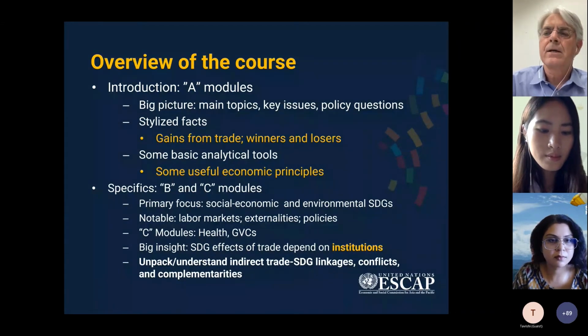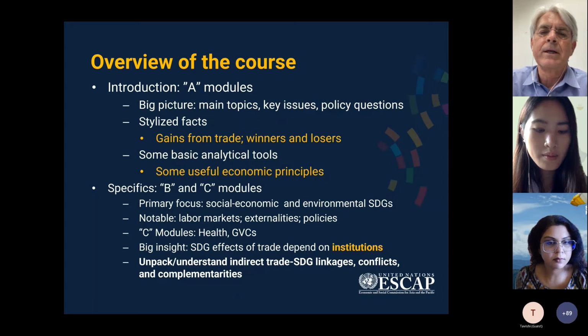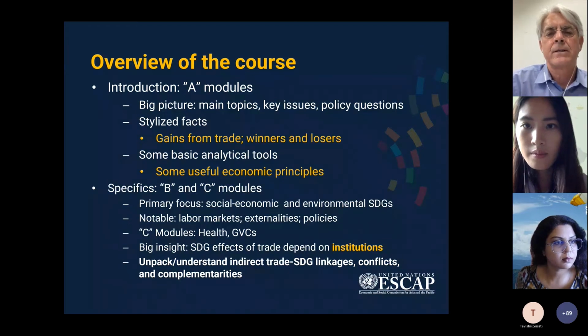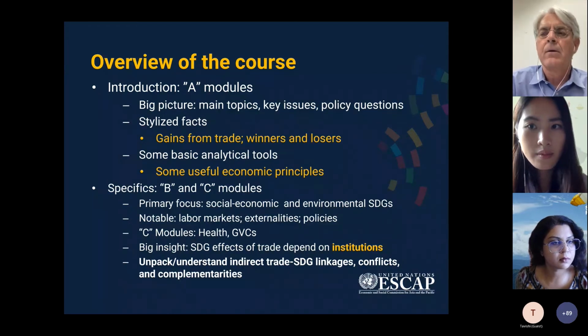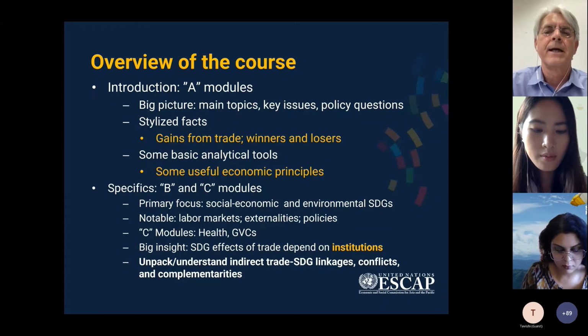So obviously, this sets up many of the issues that link trade to the SDGs, because if everybody's a winner, that's great. SDG progress will be easy to identify, but because we know that trade involves losers as well as winners, then we have issues that we need to address, we have analysis that we need to engage in.